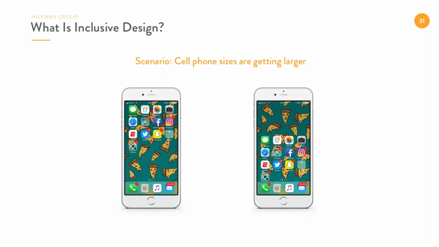So, scenario, cell phone sizes are getting larger, but our hands are not. I'm sure all iPhone users have accidentally hit the middle button a few times and your entire platform just slides down, all those buttons. That's actually probably one of the most well-known, but not even realized, examples of inclusive design.